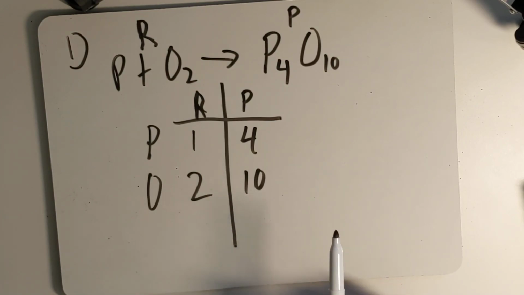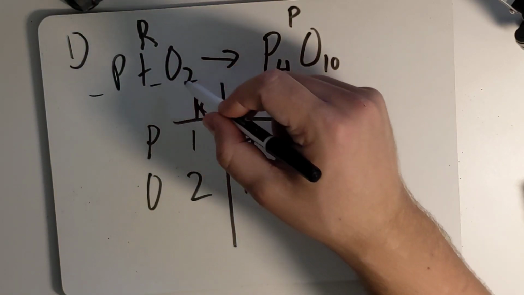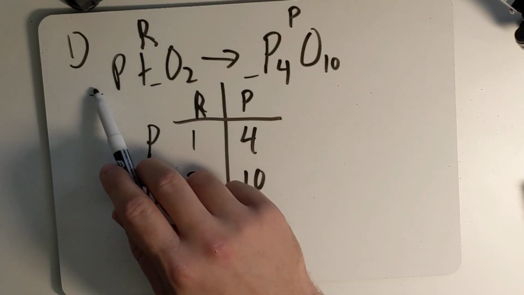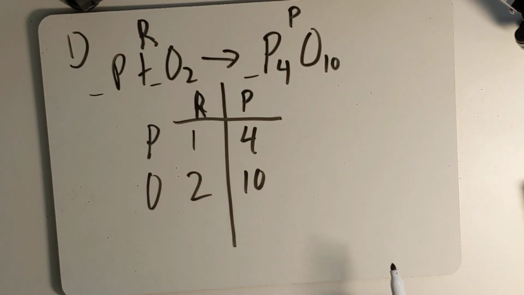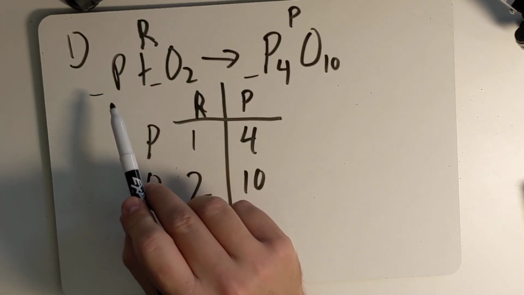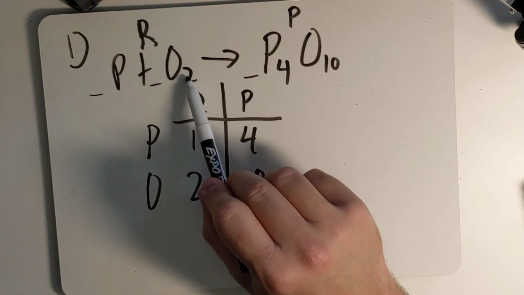We can place these numbers in front of each spot right here. These are the only places where you can put numbers, and the numbers that you put there are called coefficients. Now, coefficients tell you how many of that atom or molecule there are. So this is O2.